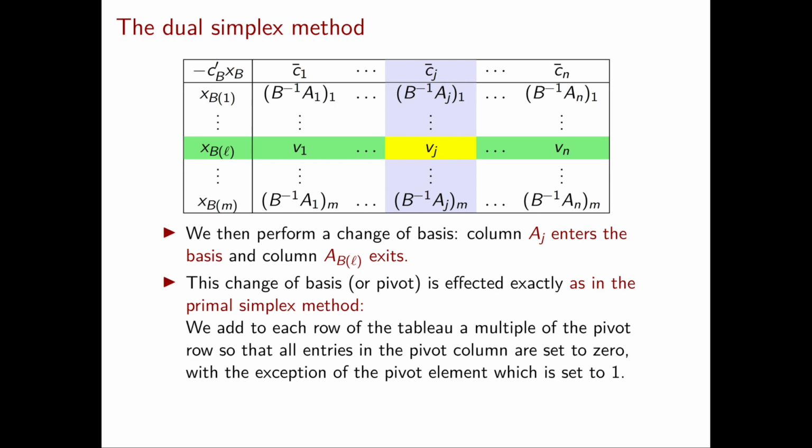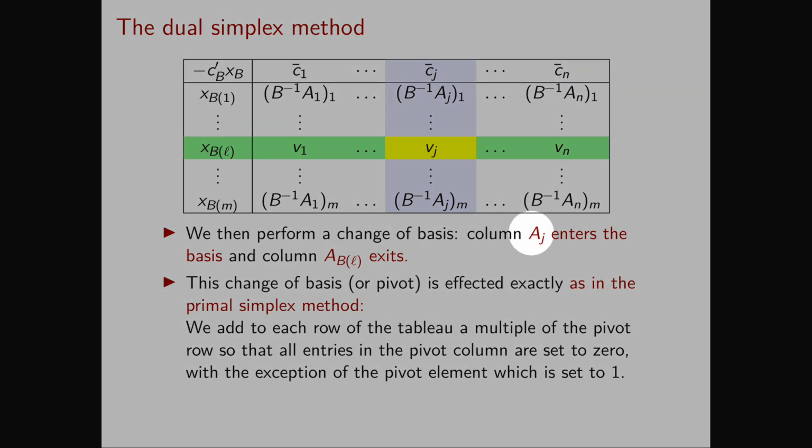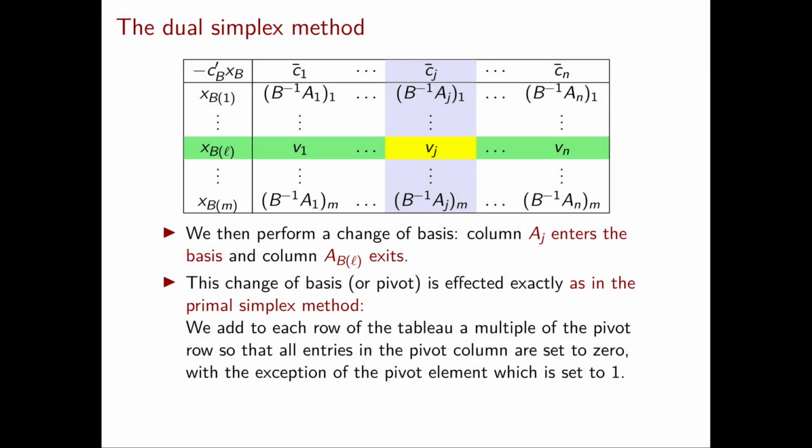Next, we perform the change of basis. We will have Aj enter the basis and Abl exit. The change of basis is now performed exactly as we did in the primal simplex. We add to every row of the tableau a multiple of the pivot row so that all entries in the pivot column become 0 except for the pivot element which is set to 1.